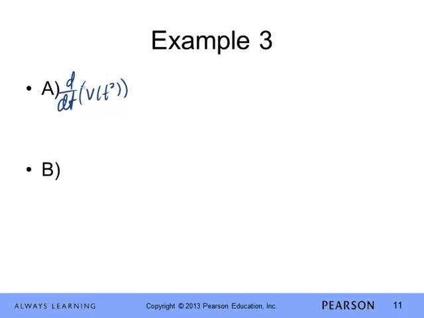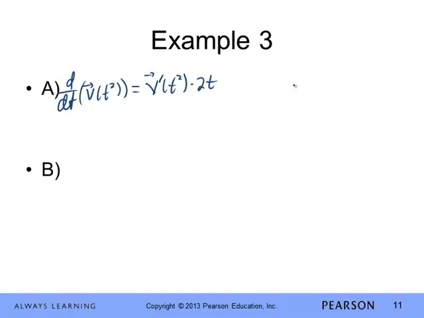Vector v is the outer function and t squared is the inner function. So this is going to be v prime of t squared times the derivative of t squared, which is 2t. So now we just have to calculate v prime.